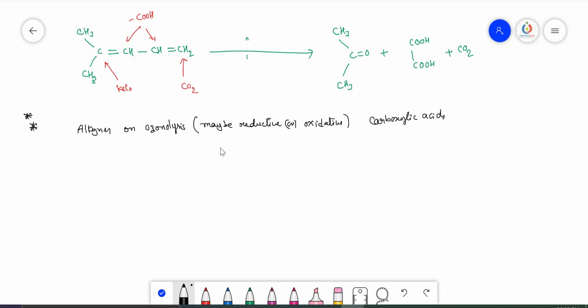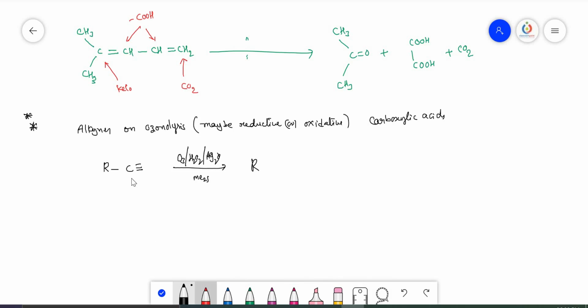So whether you are using reductive ozonolysis or oxidative ozonolysis, it is none of our business, just write down the carboxylic acids. So this particular group RC triple bond will be converted using any of these reagents, that means ozone, or else H2O2, or else Ag2O, or else dimethyl sulfide, any of these. They convert a triple bonded carbon.